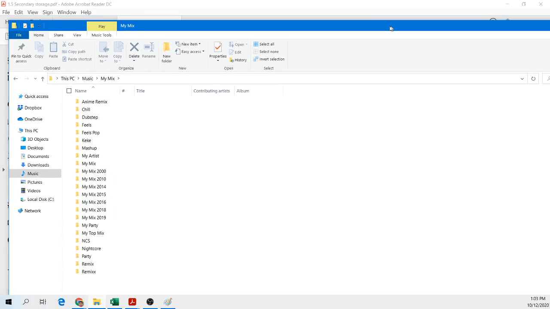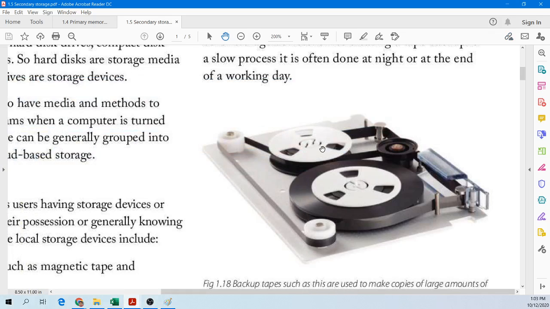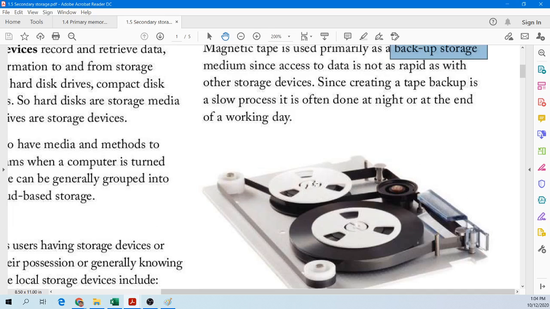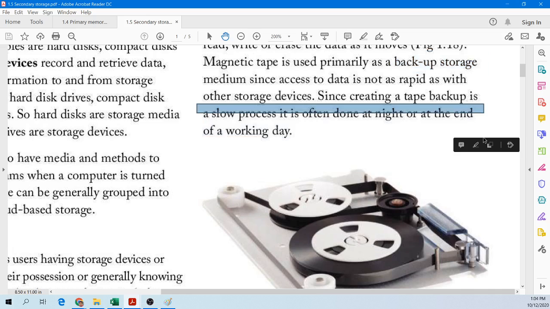Imagine how much longer it would take to do all of that if you were using a tape drive. So that's why it's not really used on a computer to store data that you use regularly. But it is used for backing up data that you don't need regularly. And because it's so slow, the backup process is usually done at night when persons aren't there working during the day.